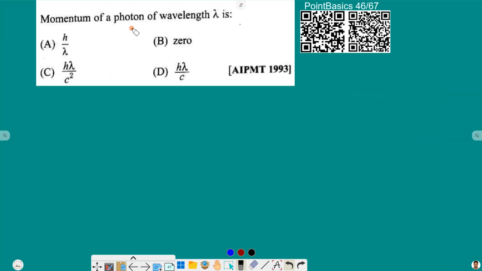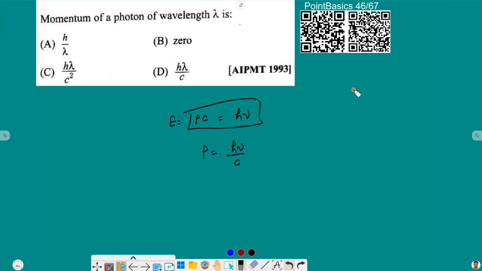In the next one, momentum of a photon of wavelength lambda. So we know that the energy of a photon is equal to P times c, and it is also h times nu. So if we compare these two, then momentum becomes h nu by c, and it is not given here. So what we have to do is convert frequency into lambda.